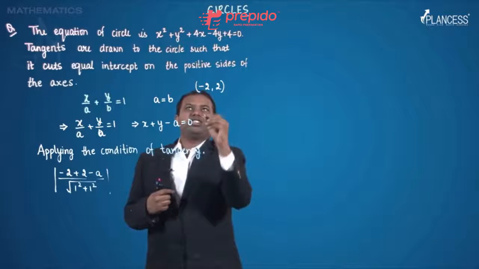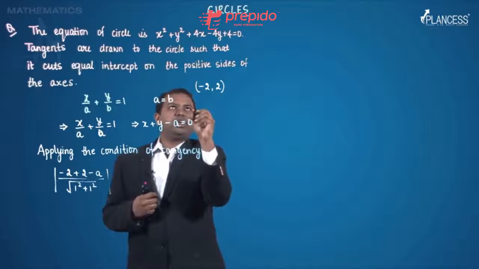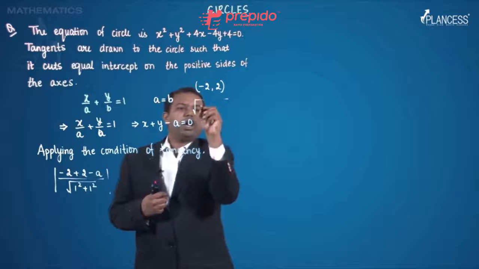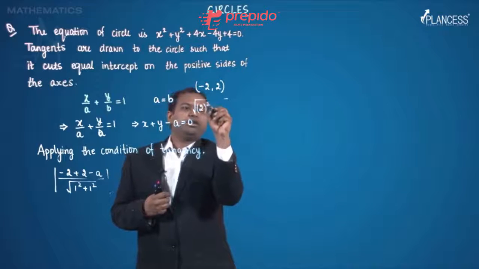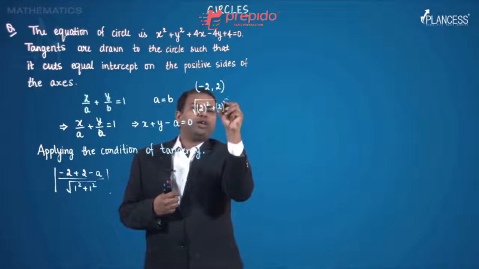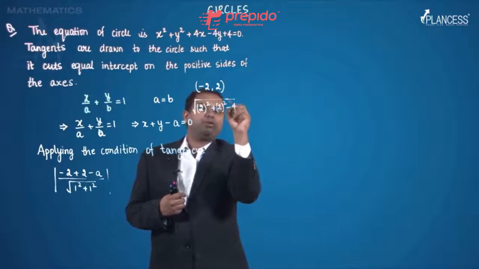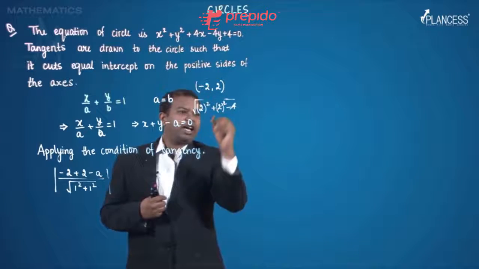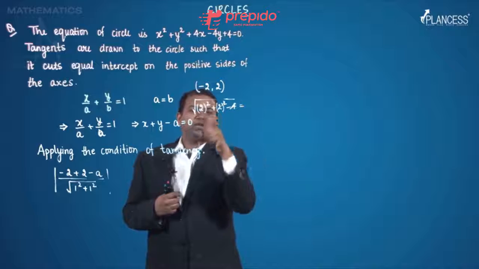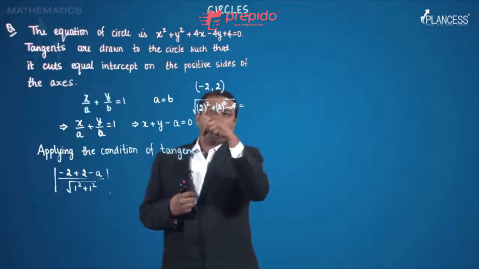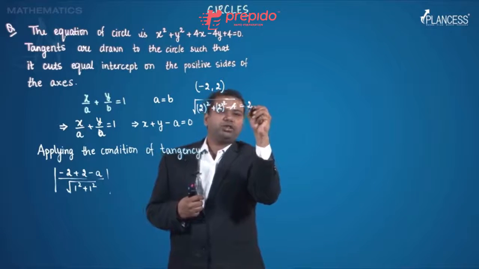The radius of the circle, let me just calculate here, is equal to under root of 2 square plus 2 square minus 4. So 4 and 4 cancel. What we have is under root of 4, and that is 2.